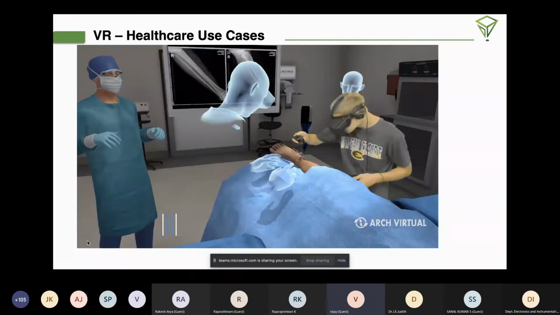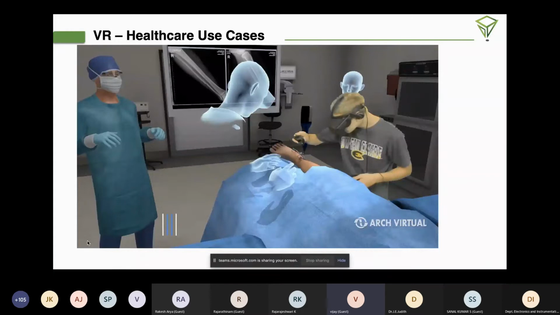One could be in Kerala, one could be in Delhi, one could be in Spain. They are all able to see the same surgery that the person wearing the t-shirt is training on. The other people, observers or collaborators, are able to see the same thing, and they can communicate with him, saying yes, you're doing it correctly, you're doing it incorrectly, do this, do this.